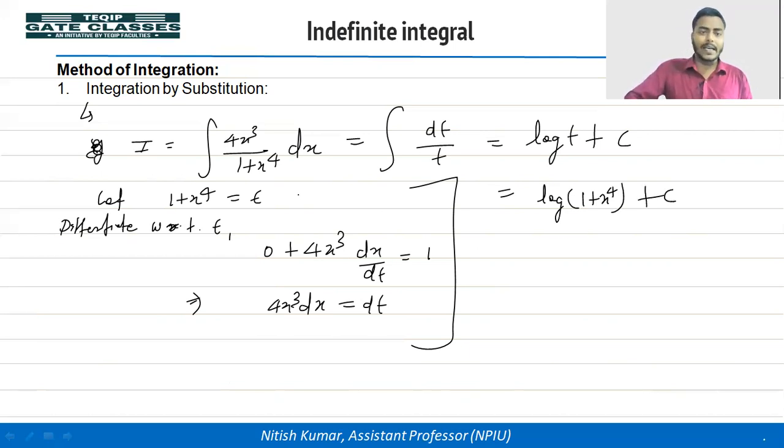You can see directly it was not in the form of fundamental formulas, but after assuming 1 plus x to the power 4 is equal to t, we can change it into the fundamental formula and directly write the integral.